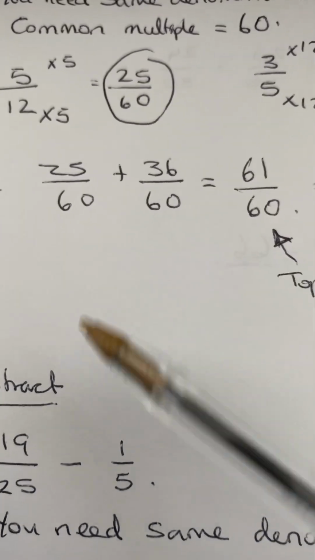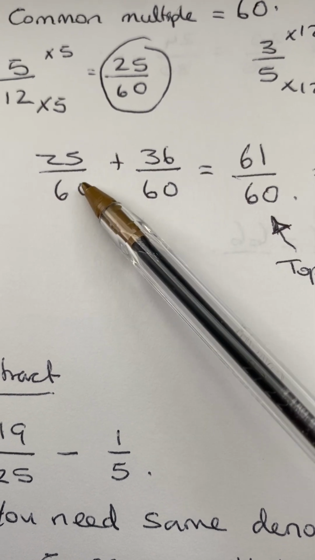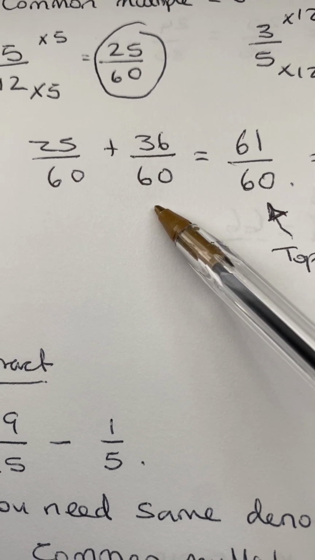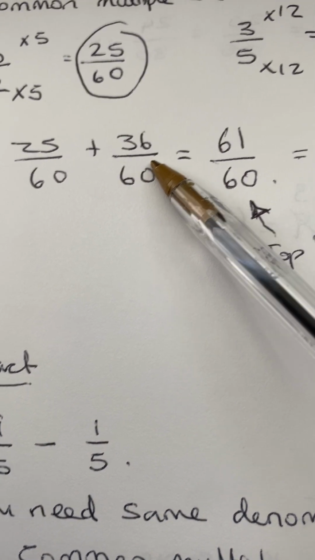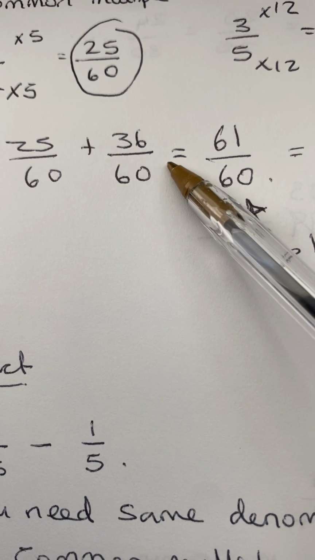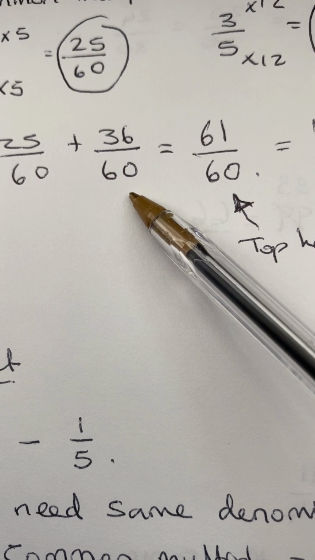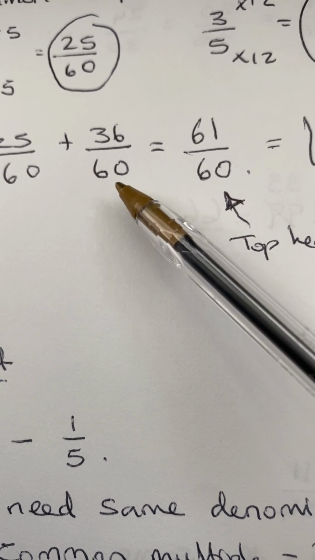So here we go. Our new fractions now will be 25 over 60 plus 36 over 60. Now you can do this in your head, or you can just use the calculator. But because we have the same denominators, we do not add the denominators. I have stressed this.